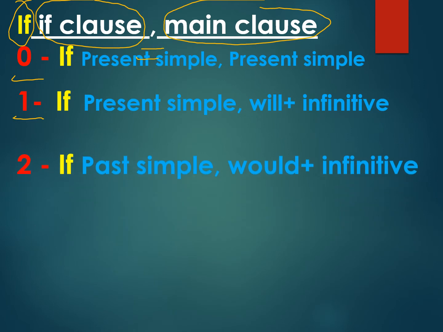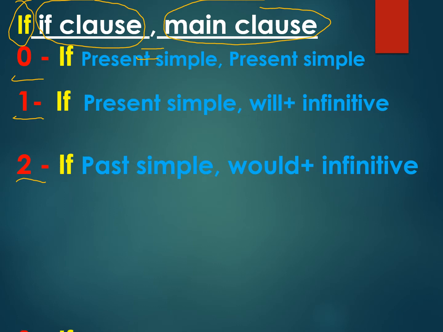Then comes the third type, which is the second conditional. Second conditional is the third rule or the third type. If is followed by past simple, and then the main clause includes would plus infinitive.